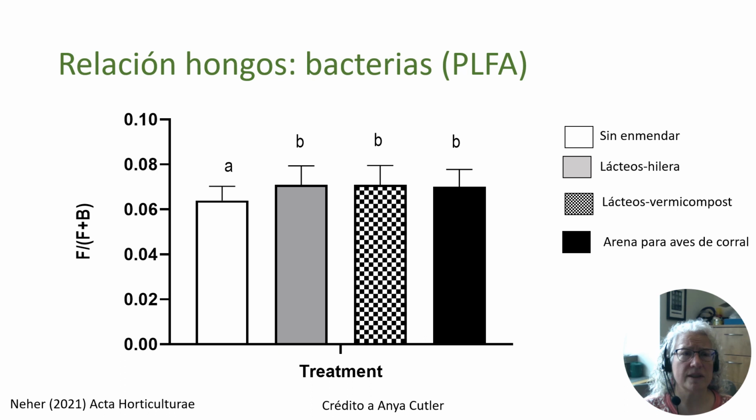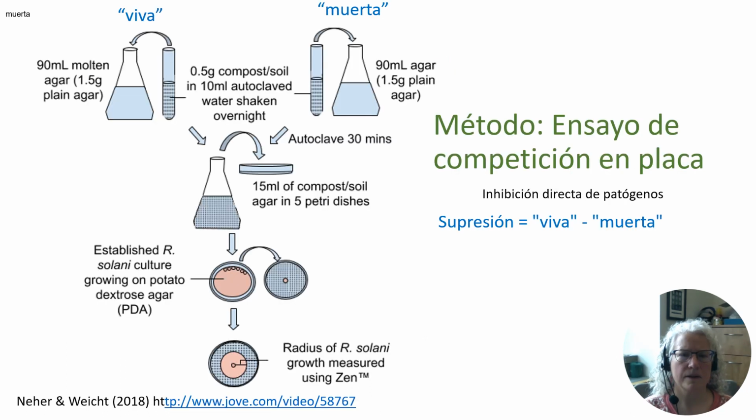The phospholipid fatty acid, the PLFA method, is a cost-effective way to obtain data for a ratio of fungi to bacteria and has become one of the most popular methods for measuring microbial biomass and broad community structure. However, there is some debate over the taxonomic groupings, and the method is not very sensitive to compost types.